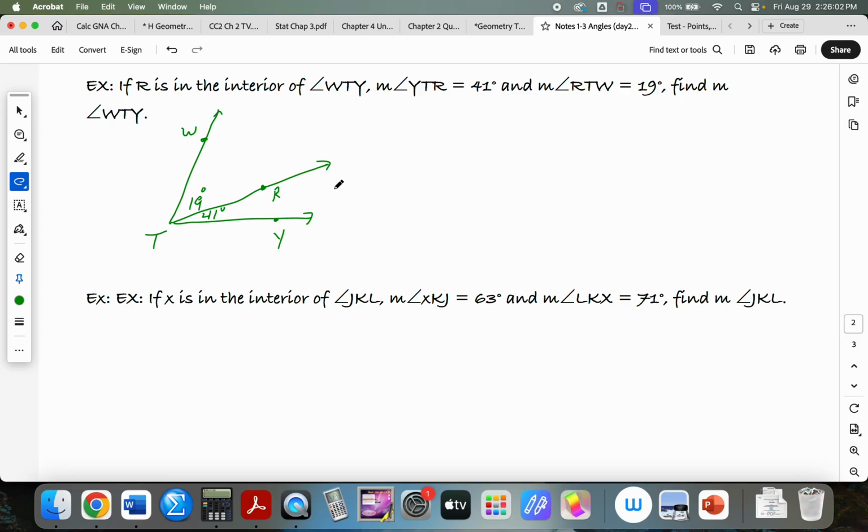We want to find the measure of angle WTY. WTY is the whole angle. So what do I need to do with these two pieces? Add them. 19 plus 41 is 60.